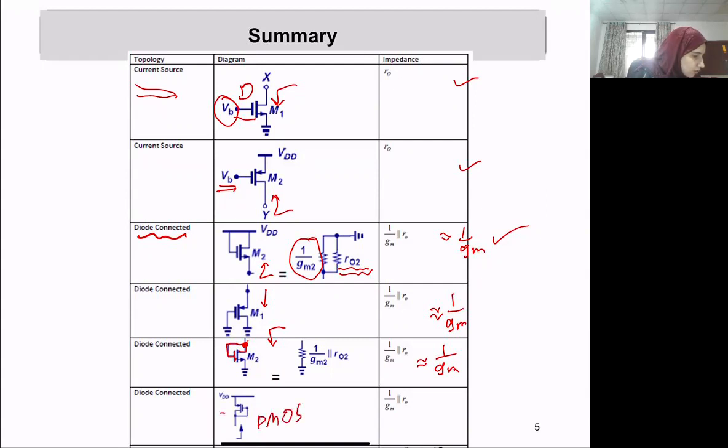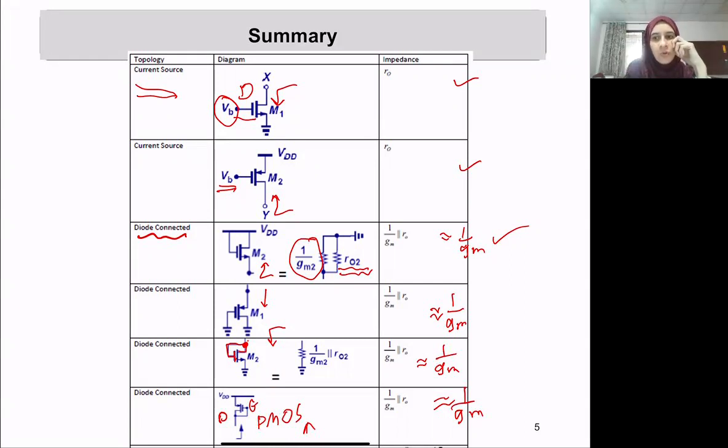So the gate and the drain are shorted with each other, so once you look up at them, you will also see 1 over Gm. In a nutshell, if you are looking from the drain side, you will see an R out. If you are looking from the source side, or it's a diode connected device, you will have a 1 over Gm. Diode connected means that the gate and the drain are shorted with each other.